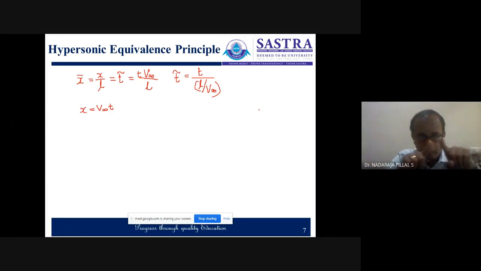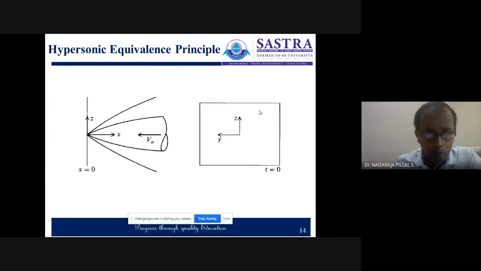Please remember the screen is two-dimensional. I assume that a hypersonic body is entering into the screen. It can be shown this way. So this is a plane, that is the y-z plane.